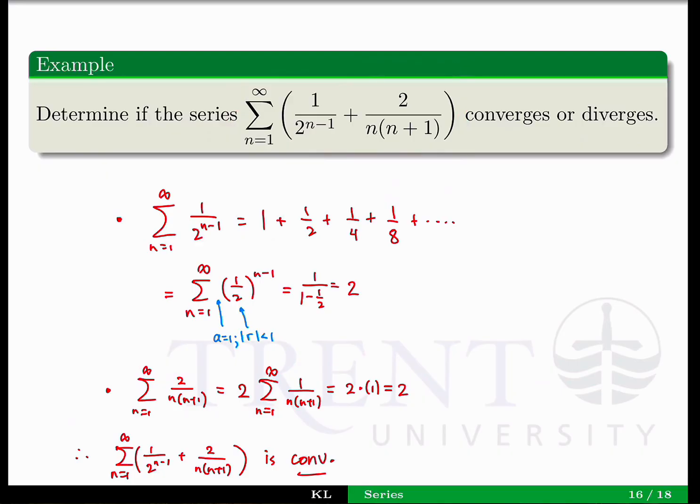We are not actually required to find the sum. It only asks us if the series is convergent or divergent. But based on our calculations, we can actually write it, and it is equal to 4. 2 from this and 2 from this.